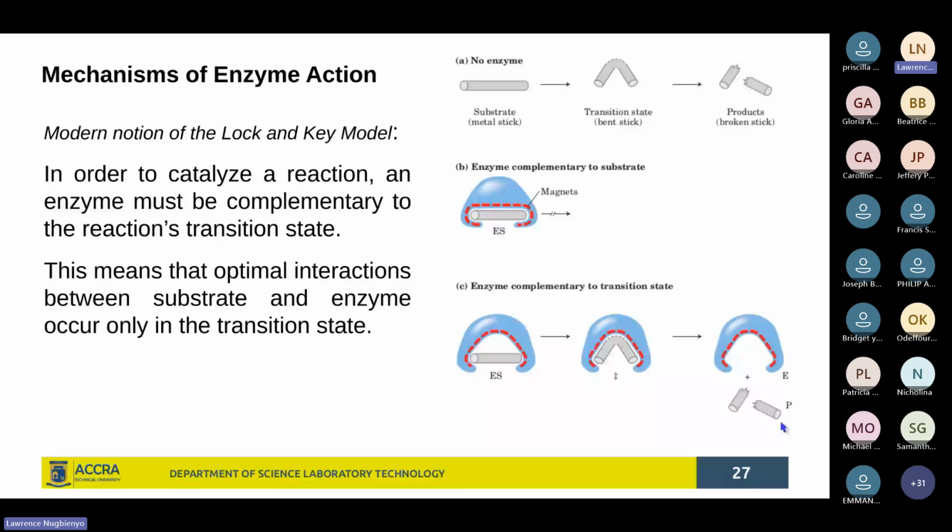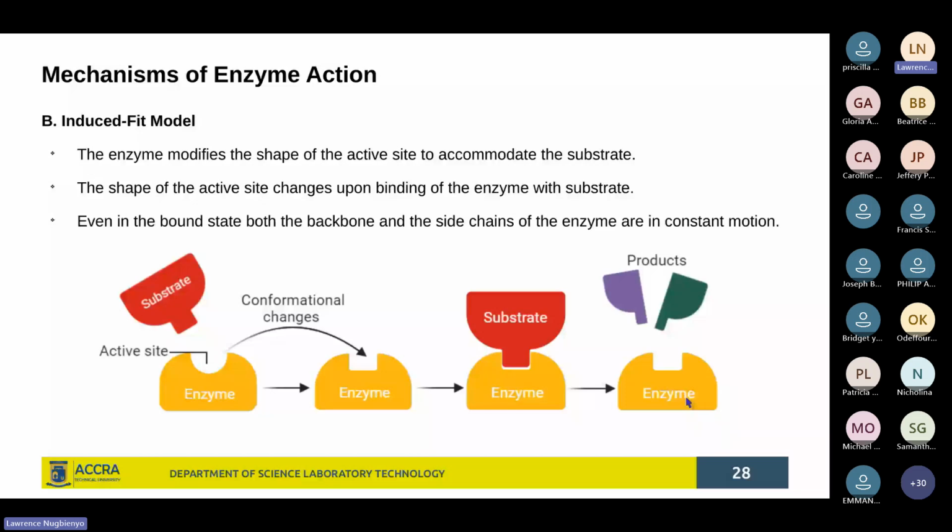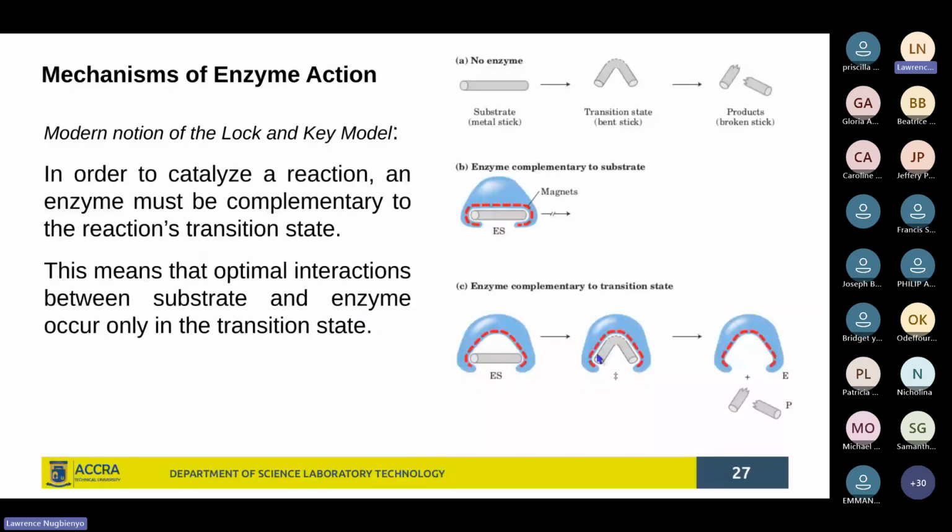So then from here, with this understanding, came the induced fit model. Now, the induced fit model clearly depicts that a substrate and an enzyme are not perfectly fitting together. Remember when we were looking at this, it is the substrate that has gotten configured in the enzyme so that now the enzyme can act on it.